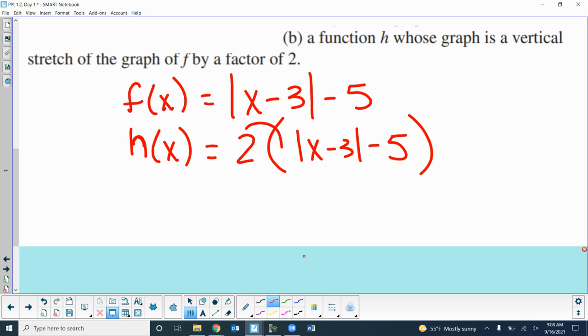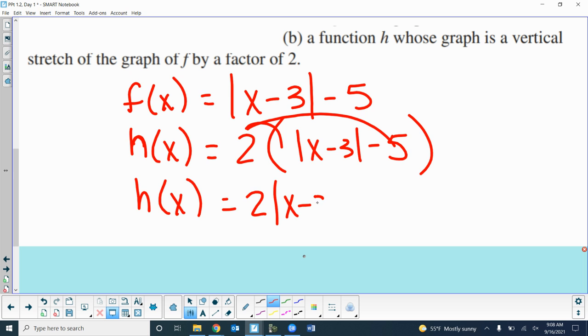You just put 2 in front, and then the 2 times the -5. Okay? You don't distribute into absolute values. That one makes sense?